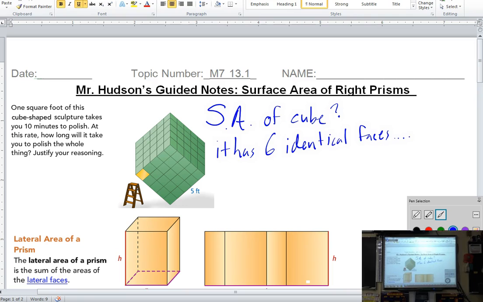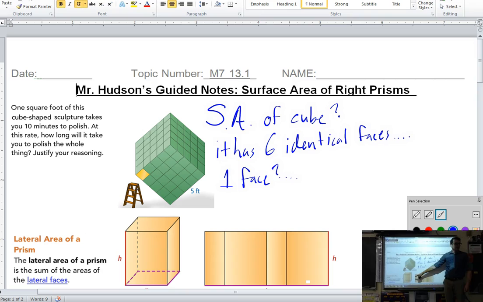I already wrote down, we know because it's a cube, every face is identical, right? What would we want to do next? Look at all the little faces on each identical face. So if I know that I have 6 identical faces, let's just first deal with one face.